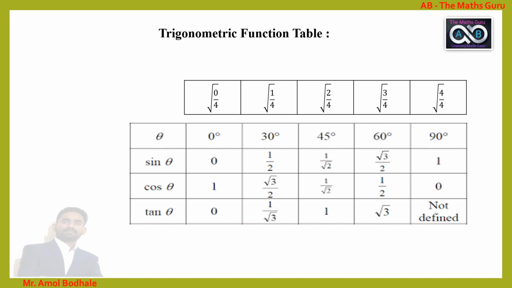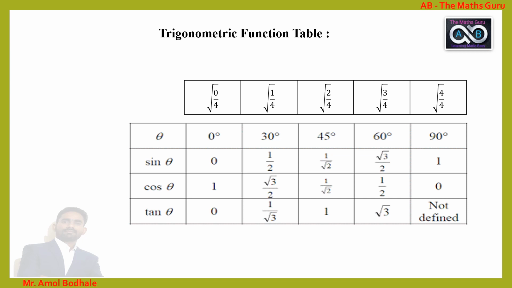Sine of 30 is square root of 1 by 4, that is half. Sine of 45 is square root of 2 upon 4, that is 1 by root 2. Square root of 3 by 4 is sine of 60, root 3 by 2. Sine 90 is square root of 4 upon 4, that is 1.